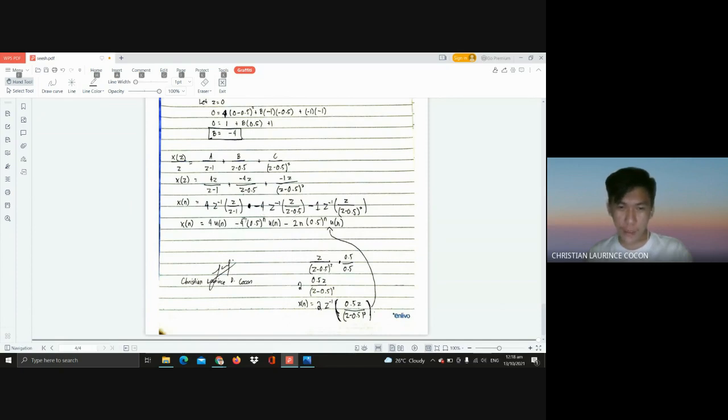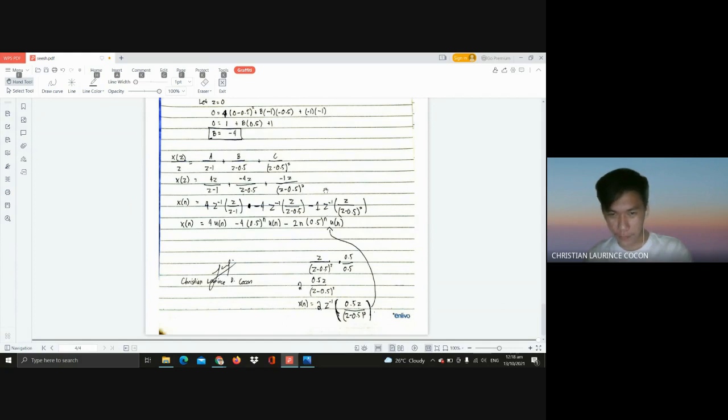Since it has a constant, we take it out first, so negative 4 is the constant. So we have a raised to n u of n, which is 0.5 to the n u of n.